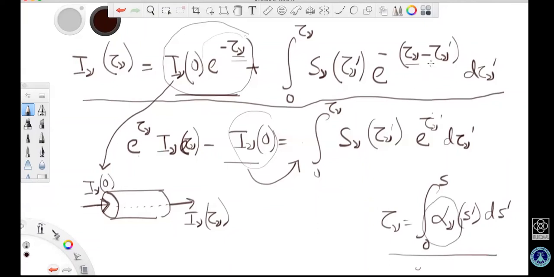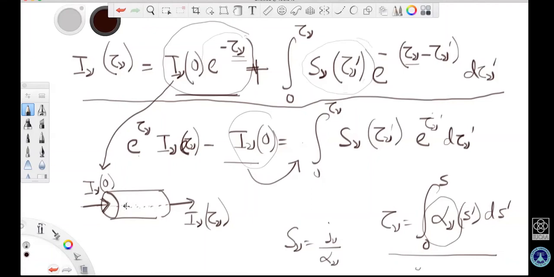But what are the other terms? There's going to be some other term also, which is what? Now, this is the source function. Remember, source function was nothing but J nu divided by alpha nu. In other words, as the light ray is coming, there's going to be addition of photons from the matter in the cylinder itself, and that is what it is showing.